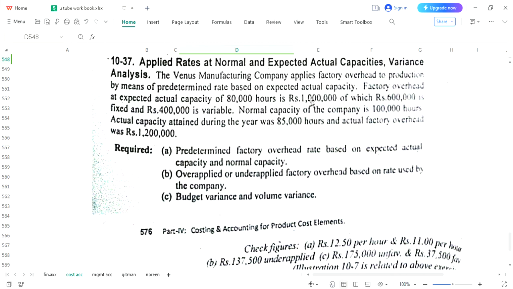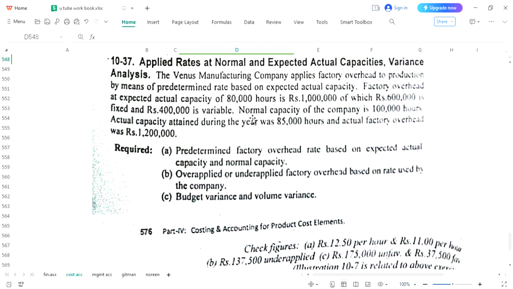The price of that book is unknown. So first step, you can suppose it. Let's say you have supposed 1000 rupees, but for the context you will see the normal rate of that book. So there is a tiniest difference. Normal and expected can have a difference. Over here you can see factory overhead is expected actual capacity, and amounts are written.